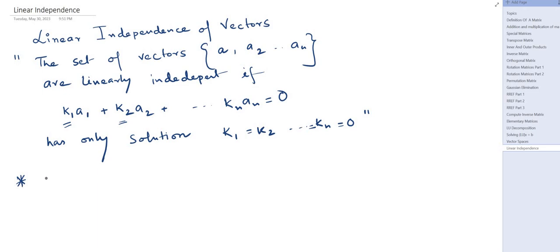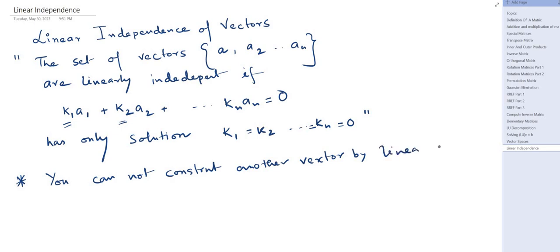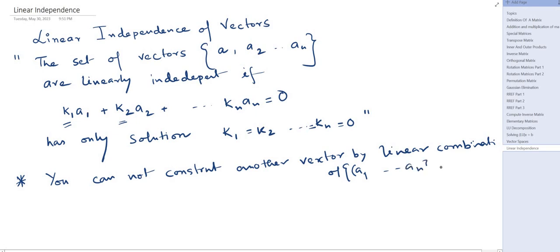So basically what we are trying to say is that you cannot construct another vector by a linear combination of these a1 to an vectors.